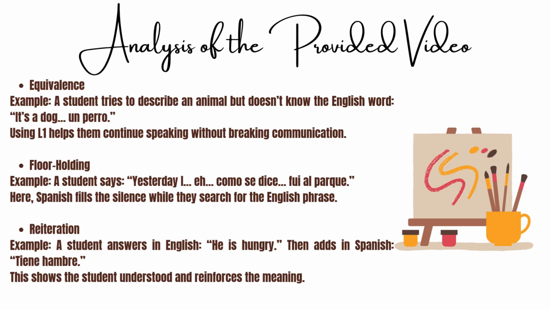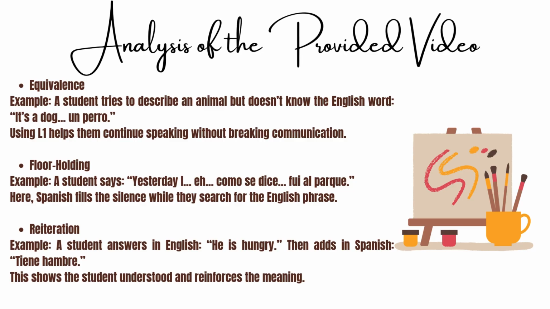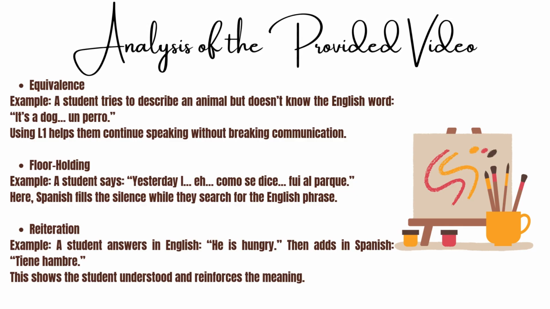Here we have the examples of that. Talking about equivalence, the example is that a student tries to describe an animal but doesn't know the English word. So he said, "It's a dog, un perro." So using this known word helps them to continue speaking without breaking communication.